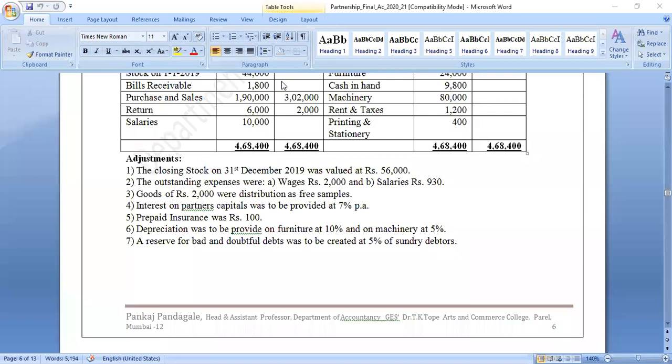Prepaid insurance was 100. Depreciation was to be provided on furniture at 10% and on machinery at 5%. A reserve for bad and doubtful debts was to be created at 5% on sundry debtors.